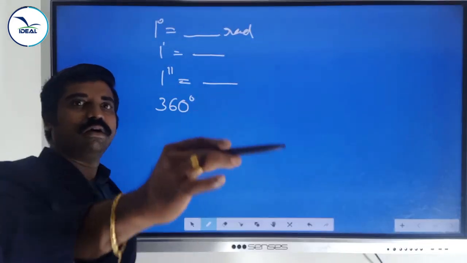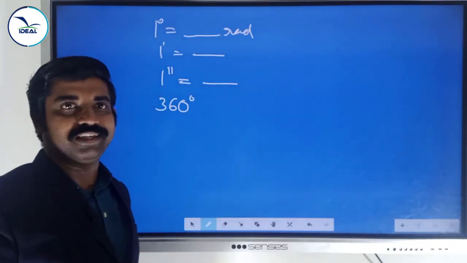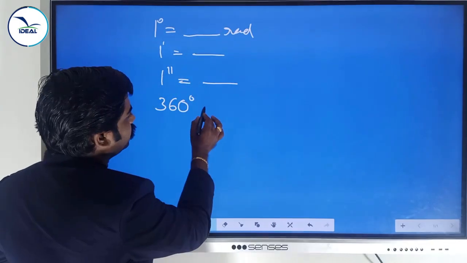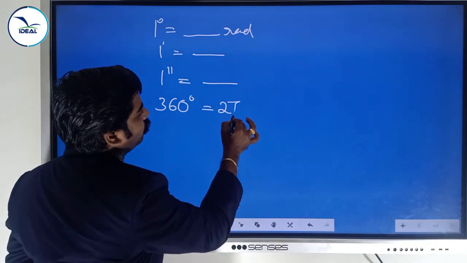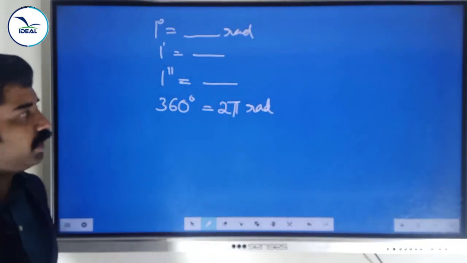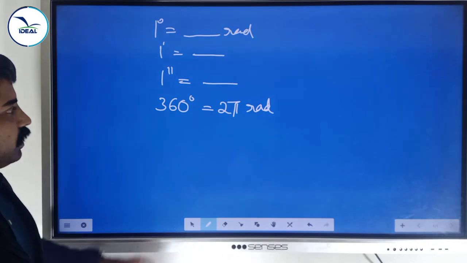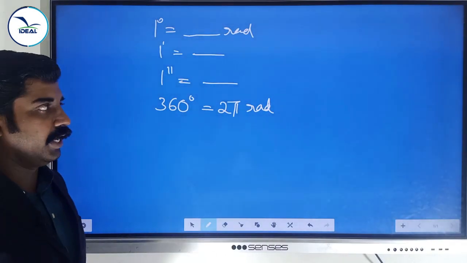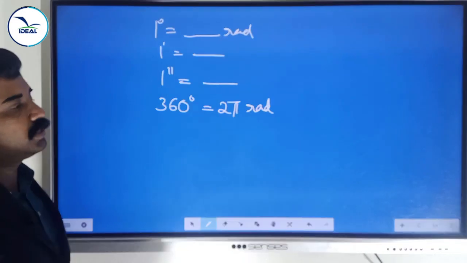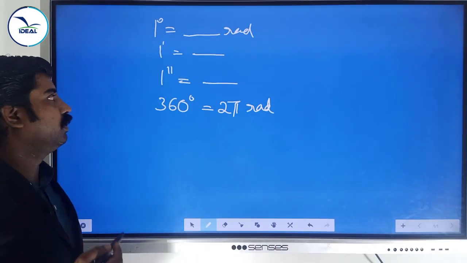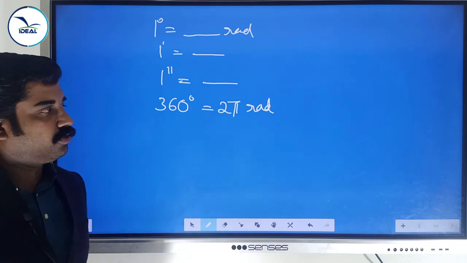It's the angle of circle, we can say that. 360 degree, complete rotation. So that 360 degree is equal to 2 pi radian. It is a definition. By using this, we can find the value of 1 degree, 1 minute, 1 second, like that.